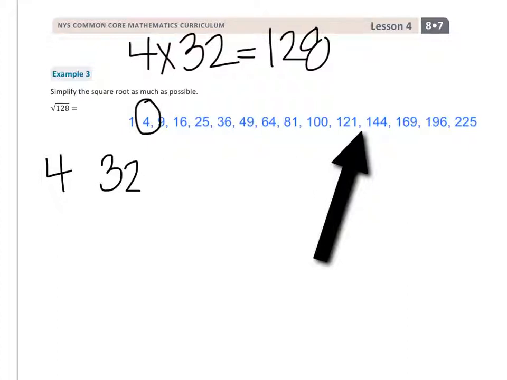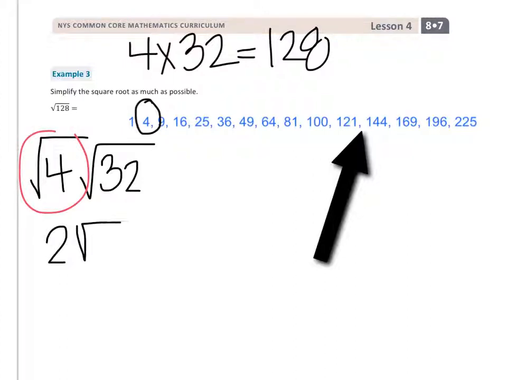You should already know what goes on top of these numbers. Square root symbol. The square root of 4, again, gives me 2, and I'm going to bring down the square root of 32. However, this time, if I look at the square root of 32, I have a perfect square that will divide evenly into that. 4 divides into 32. Oh wait, 16 divides into 32.